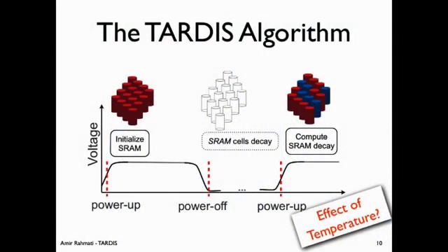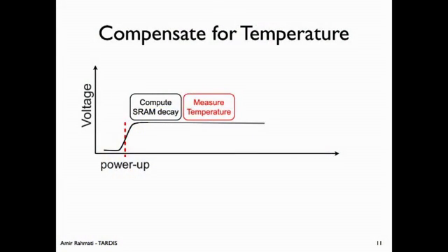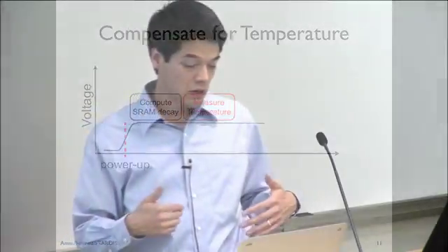But as was pointed out just a second ago, what about the effect of temperature? Temperature will affect how many bits are decaying when you have time as a factor. So we need to compensate for temperature. And the way we do that is rather simple. After we boot back up, we compute the SRAM decay, and then in order to use the right curve, that is the right interpolation results, we measure the temperature.